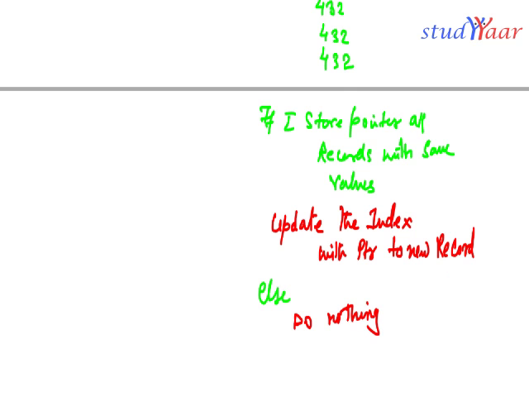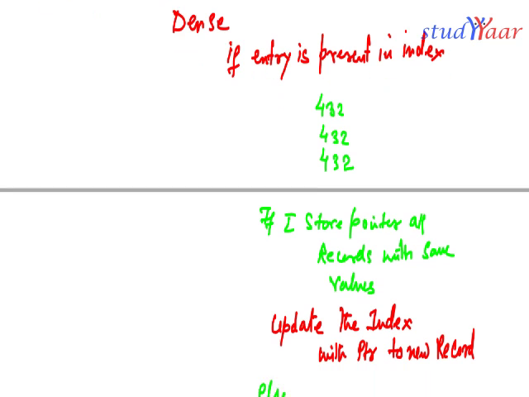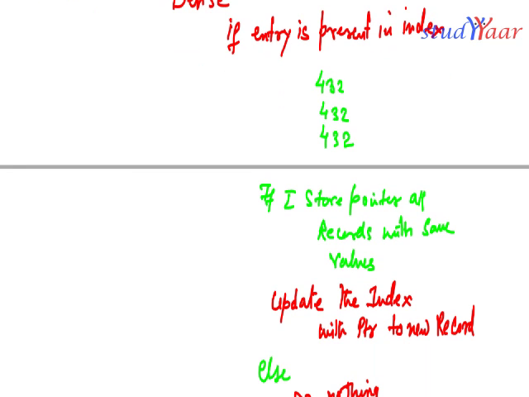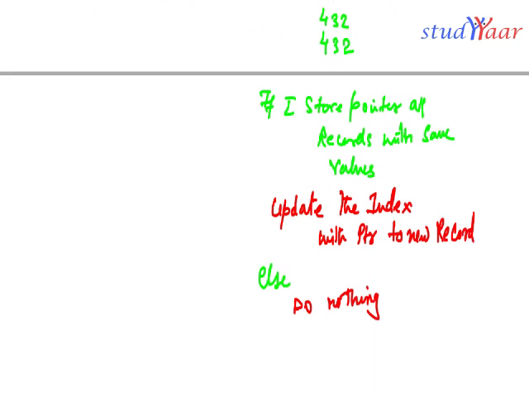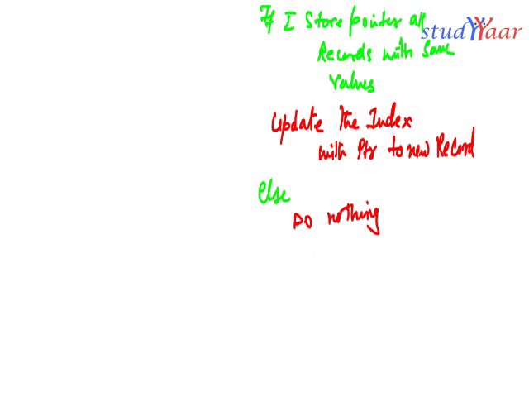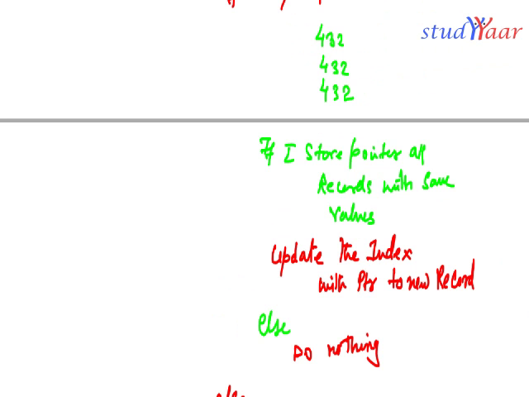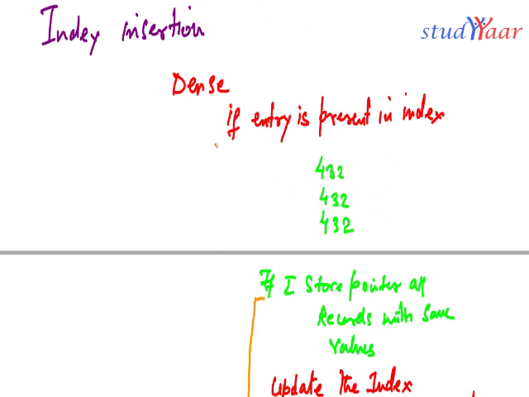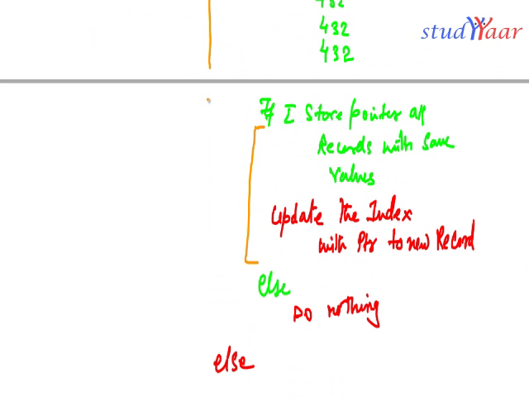Okay. So that is if the entry is present in the index. Now let's suppose the entry is not present in the index. Okay, this is the outer else. I would just connect this like this, and this thing like this.